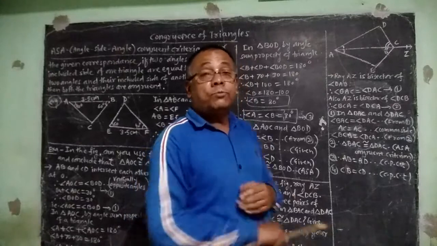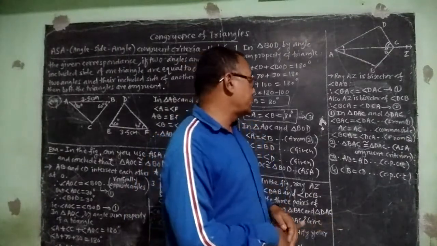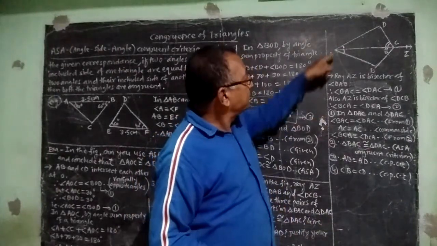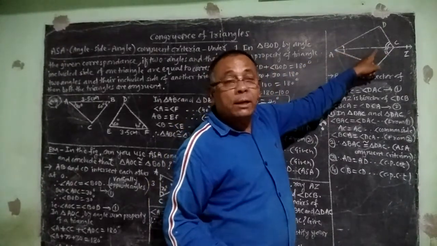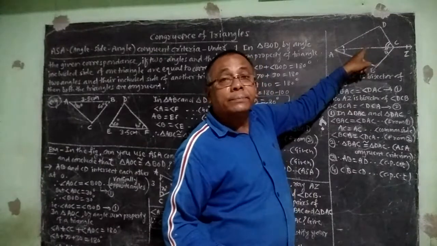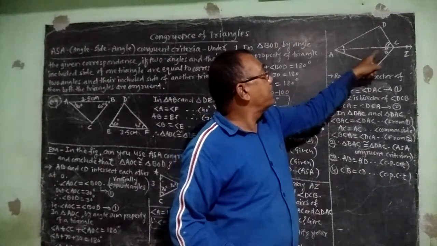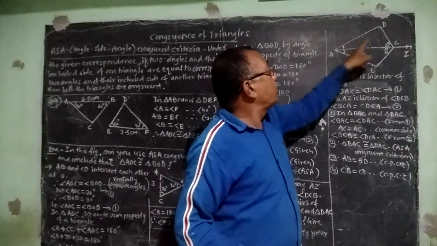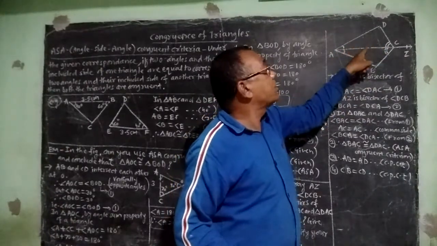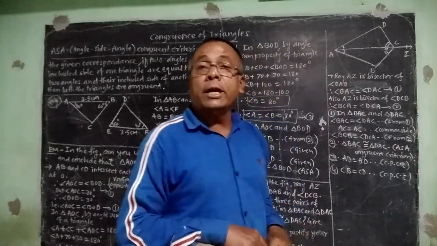And now if we observe the figure, then it is seen that two angles and their included side of one triangle are equal to the corresponding two angles and their included side of the other triangle.